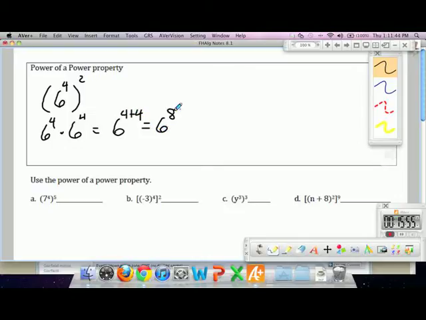Kind of like before, does anyone see maybe a shortcut? Yeah. Another way to get 6 to the 8th by taking this setup. What's 4 times 2? 8. Power of a power. If we have exponent of more exponents, we can multiply the exponents.